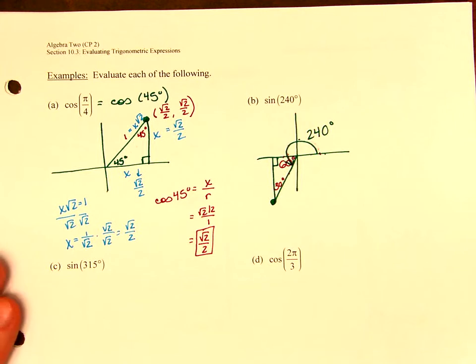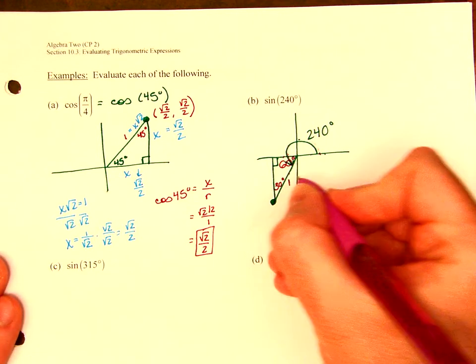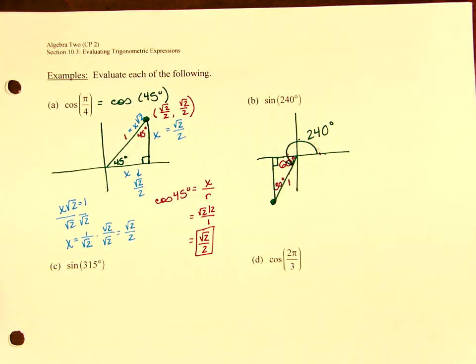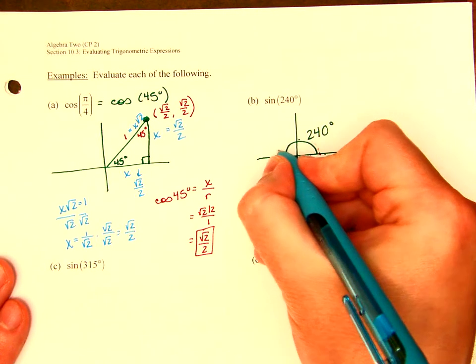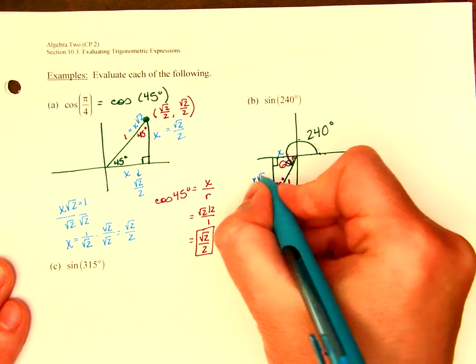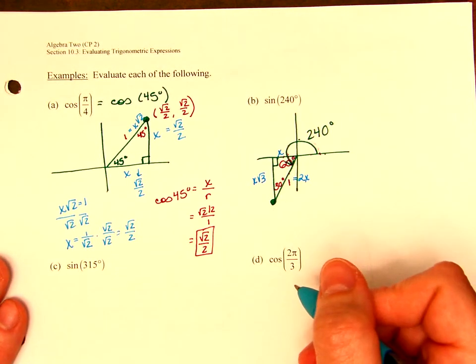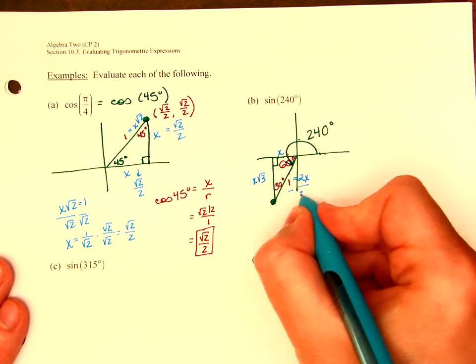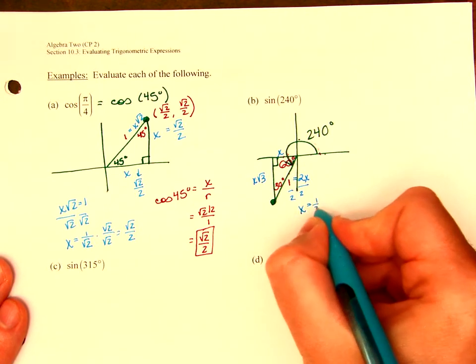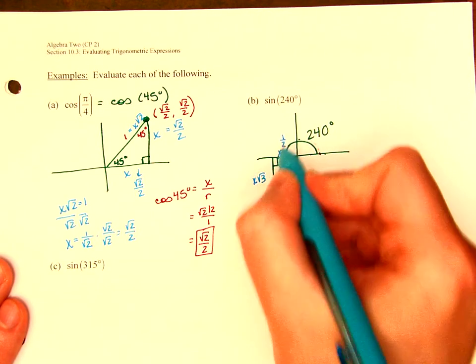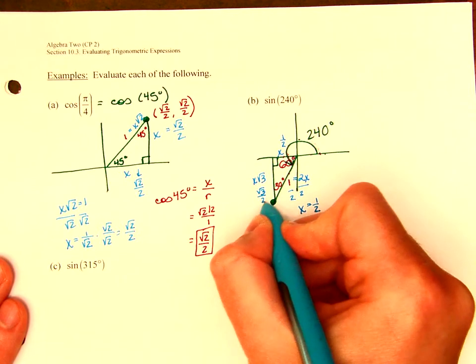I'm going to fill in my radius of 1. My radius is always 1. And then I'll fill in a couple things over here. I've got my x root 3, my 2x. You know what? This is the same equation solving I had on the other page. X is going to equal a half. So this side is a half. This side is root 3 over 2.